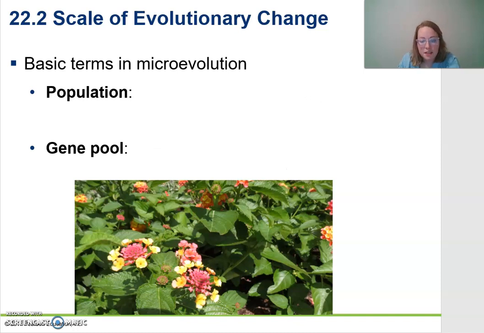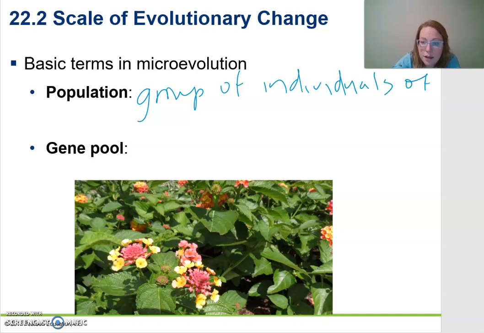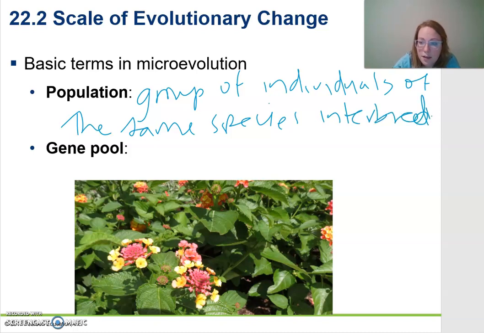Okay, basic terms in evolution. The big one is population. A population is a group of individuals of the same species that are interbreeding. And the gene pool is the available alleles.